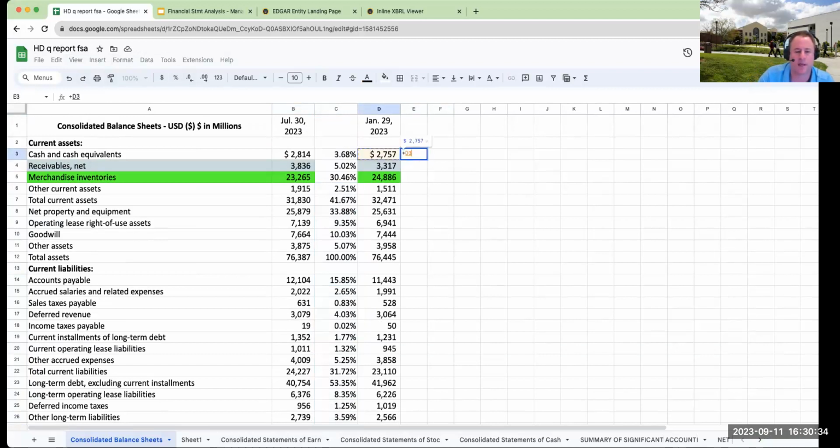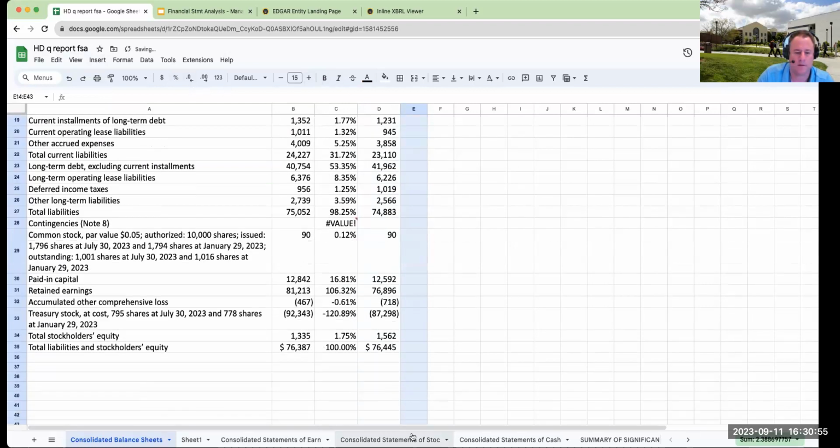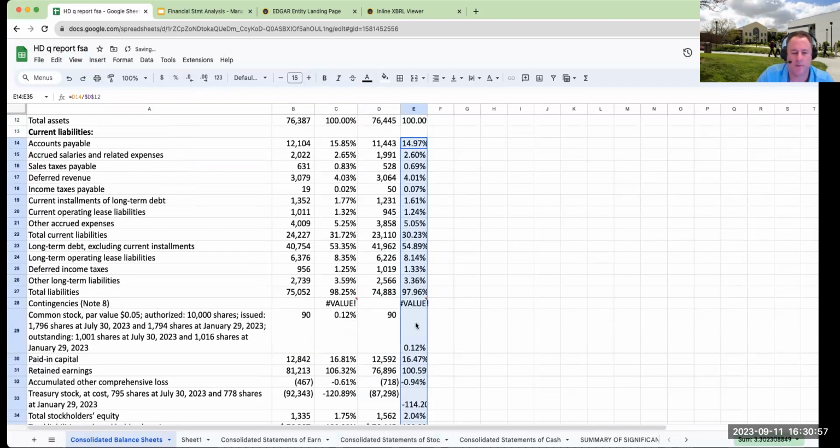So this is going to be 27757 divided by 76445, and we'll do this as a percentage. So we're doing common size financial statements.